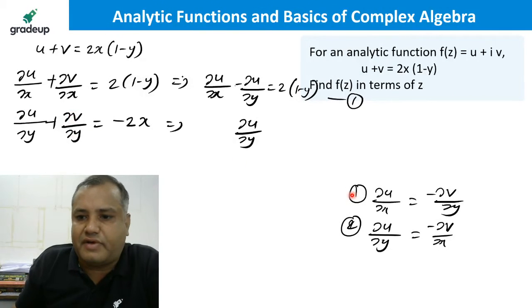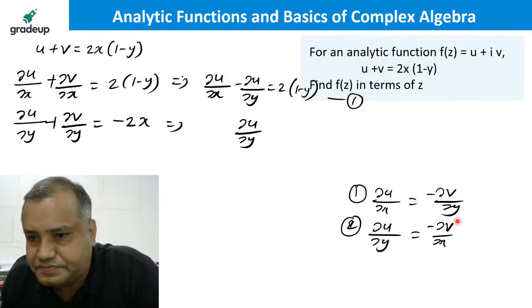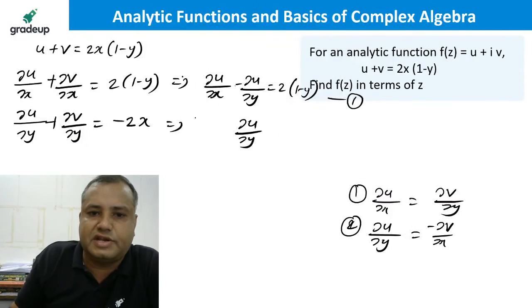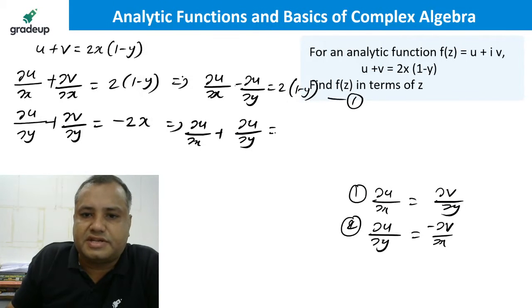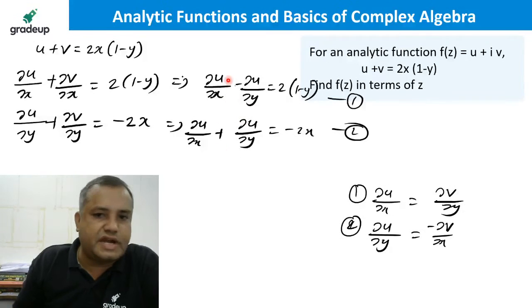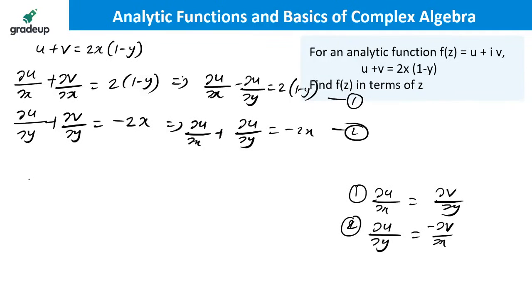And del v by del y is del u by del x. So this is minus 2x. You can add these two equations and find the value of del u by del x. When you add equation 1 and 2, you get 2 times del u by del x.